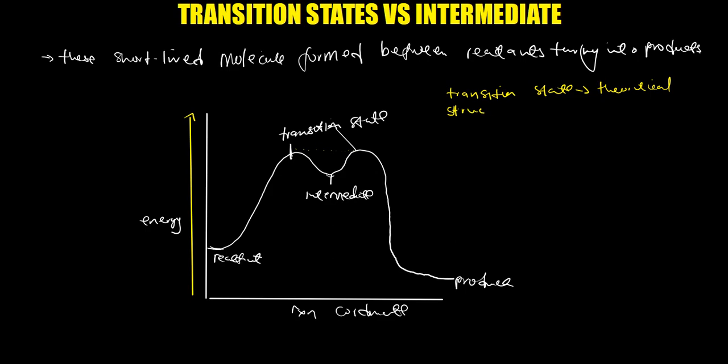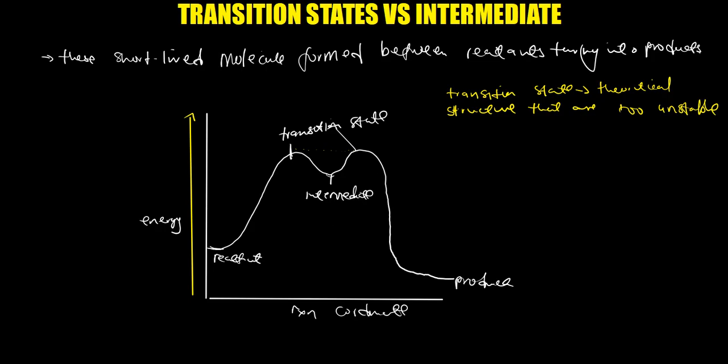Okay, so we are drawing the definition from that. They are too unstable. You can see something that has high energy. We talked about conformations. What causes conformation?